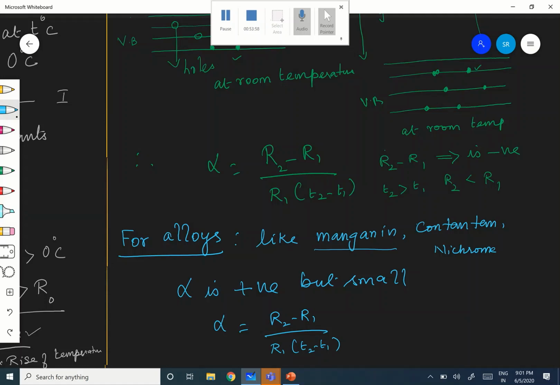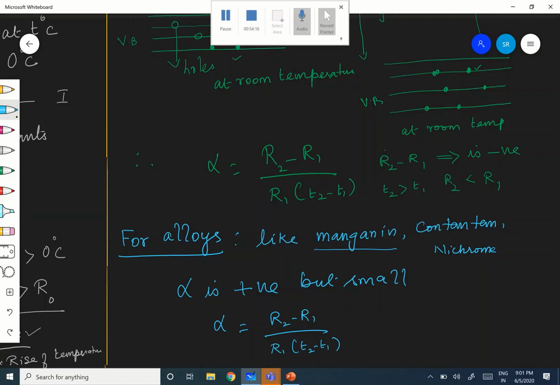Why resistance coils? For a given resistance R, if you pass current through it, the temperature will definitely increase. You would have studied the heating effect of current, Joule's heating effect, in your 10th standard, and we will see it in this chapter also.